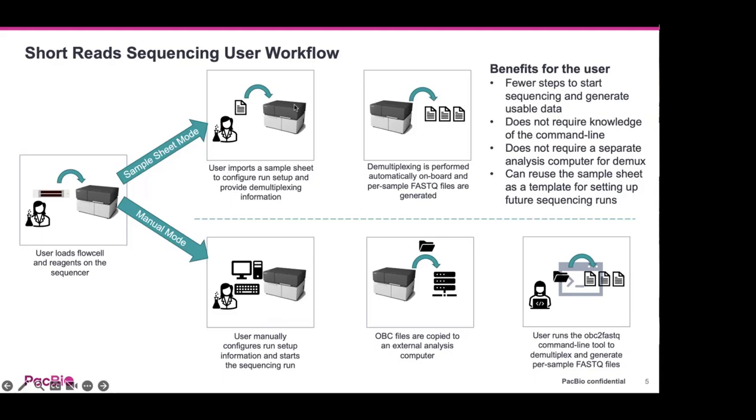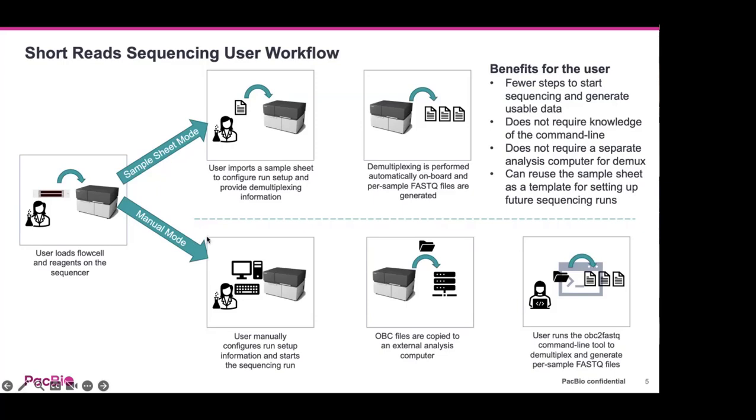You start sequencing, it reads the data from that sample sheet file, and then it knows, okay, I'm going to start sequencing now because you've given me all the settings. At the end of the run, it will automatically generate the FASTQ files and perform demultiplexing on the instrument itself, so there's nothing for you to do after that. You just take all the FASTQ files and run them with whatever downstream analysis pipeline you want to use.